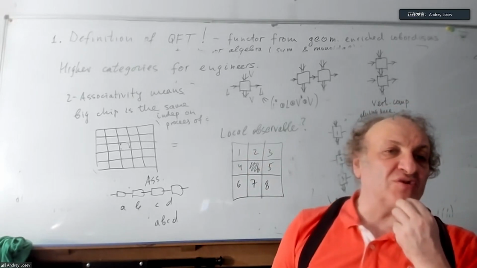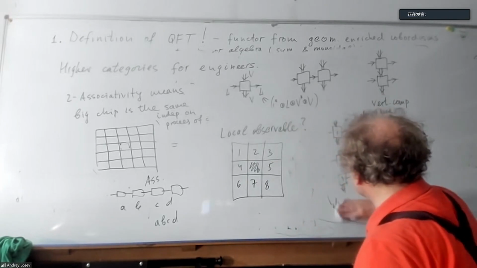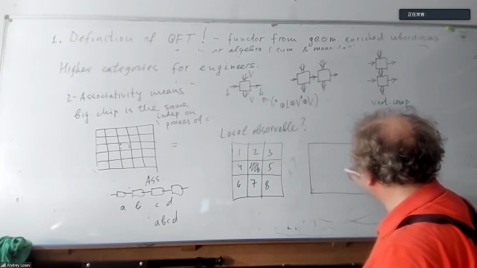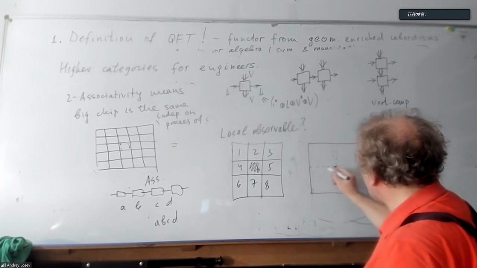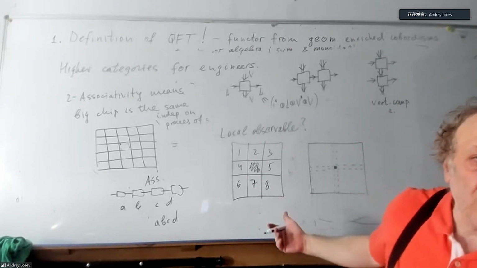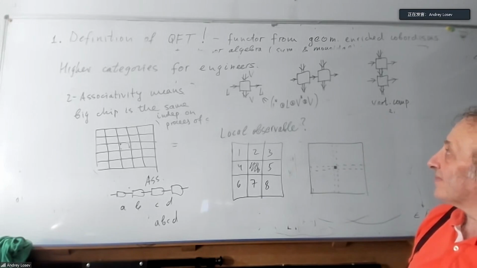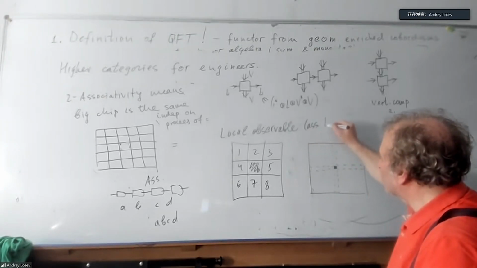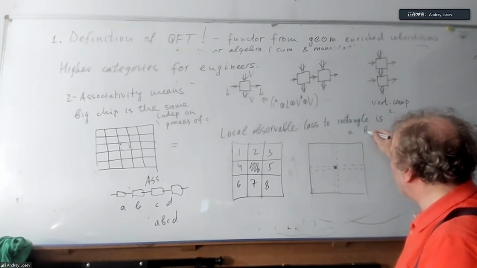And when you are having this hole smaller, you are getting a local observable. So this is the local observable. So local observable here is a B operator associated to square, to rectangle.